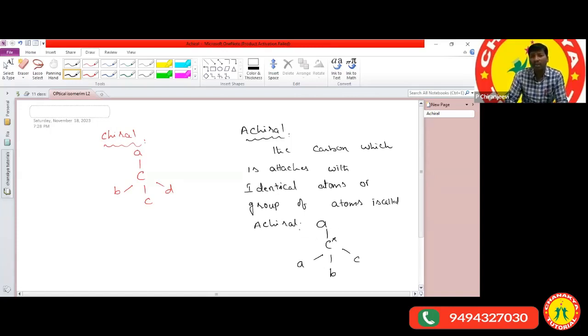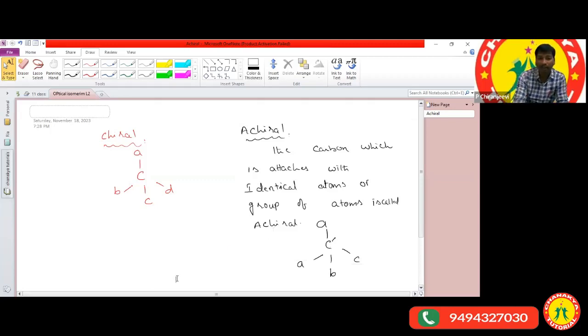In the mains level, they ask questions based on the number of chiral centers. Otherwise, they give some condensed formula and ask to find out whether the given compound is chiral or achiral. Those kinds of questions are also asked.